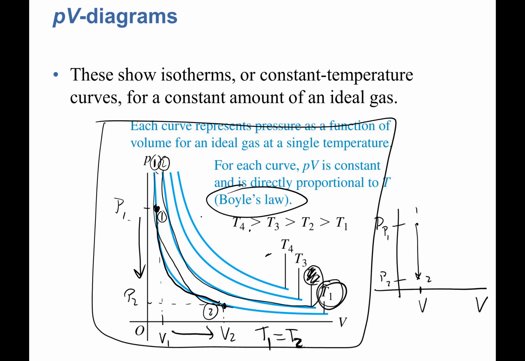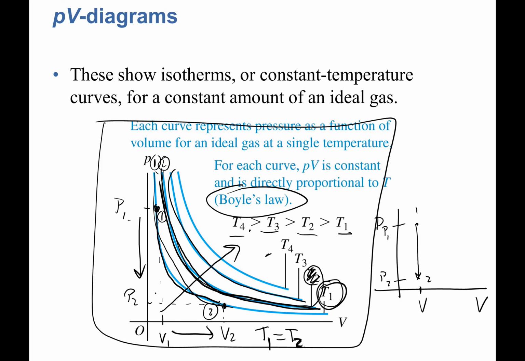Now, here's another line which gives me another temperature. And here's another line which gives me another temperature. And how are those temperatures compared? Well, technically what I have here, temperature is increasing in that direction. So you can see, right, temperature 1 is the lowest because T2 is greater than T1, T3 greater than T2, T4 greater than T3.